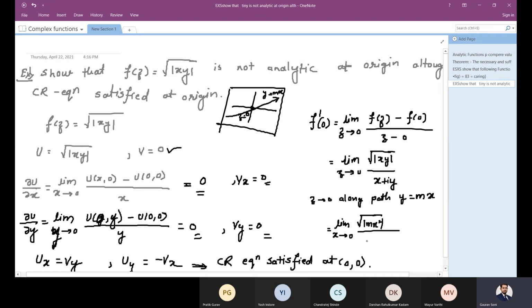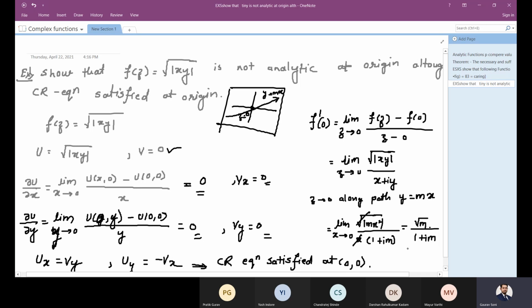So x will come outside, 1 plus i m. Again, I can take x square out of the mod since x square is of course positive, and the root will get cancelled out with this. And so finally what we get here is the root of m upon 1 plus i m.